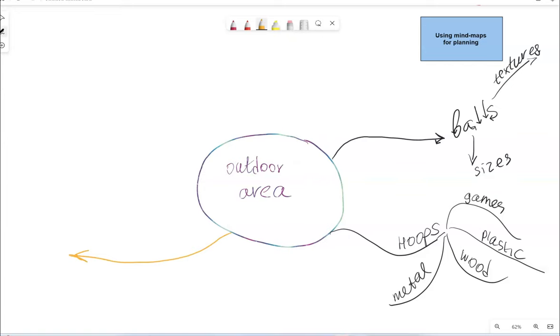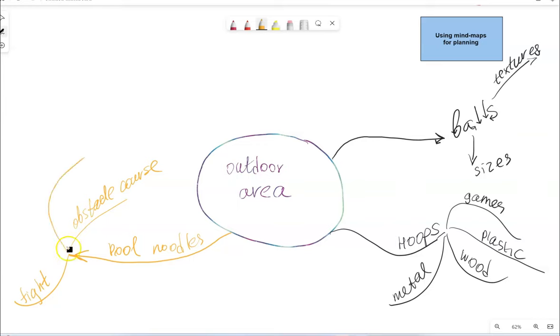Yeah, and consider pool noodles. So how are you gonna add, let's say, pool noodles to your outdoor area? Pool noodles are pretty cool. So you can make an obstacle course. You can fight with pool noodles.